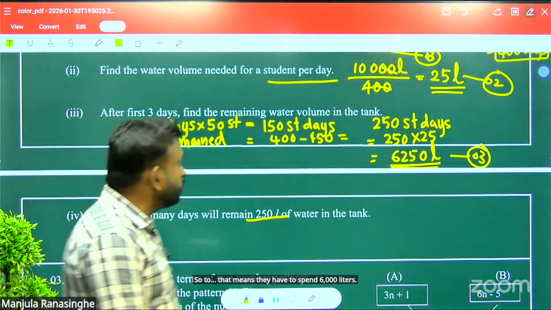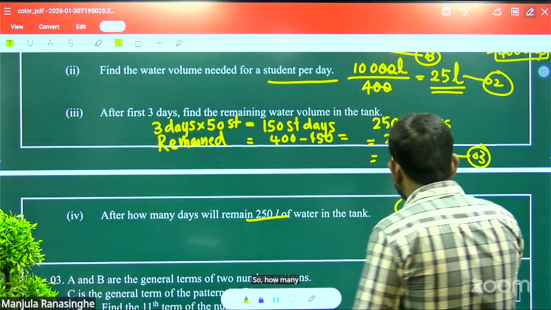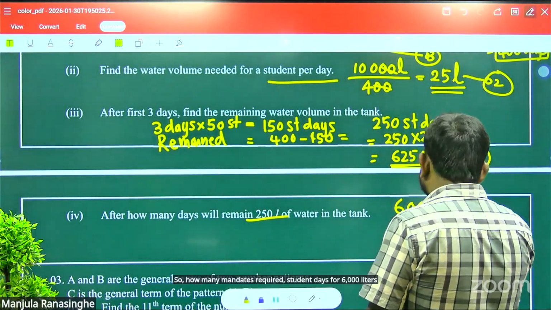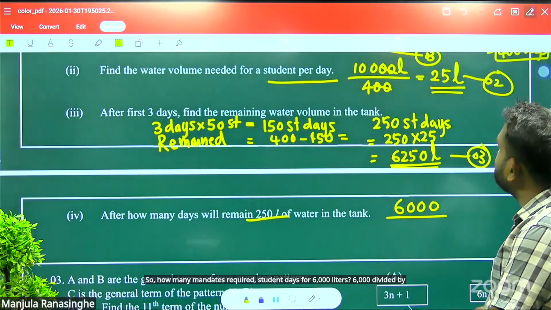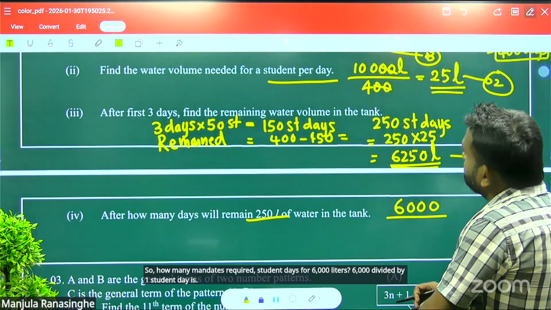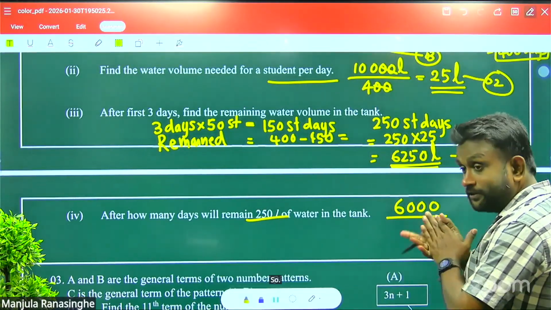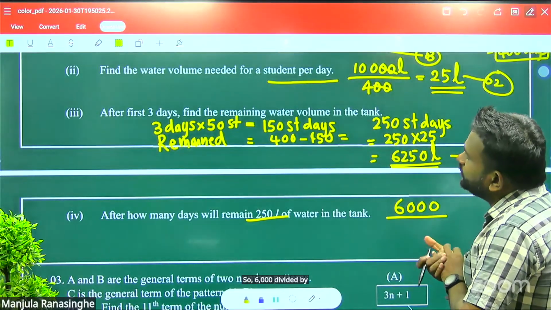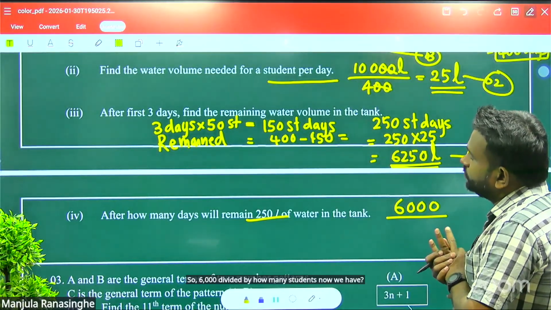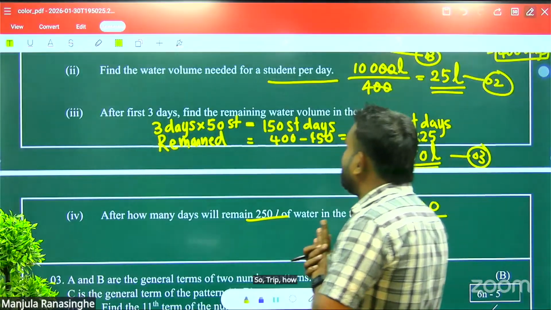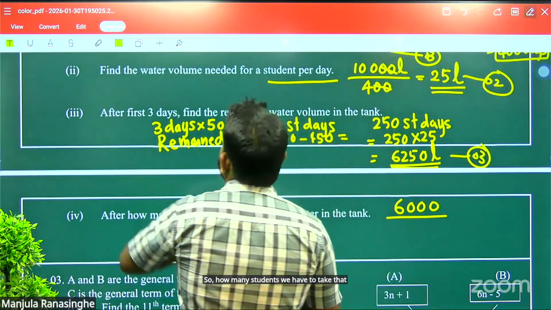So how many student days are required for 6000 liters? 6000 divided by one student day. So how many students do we have now?